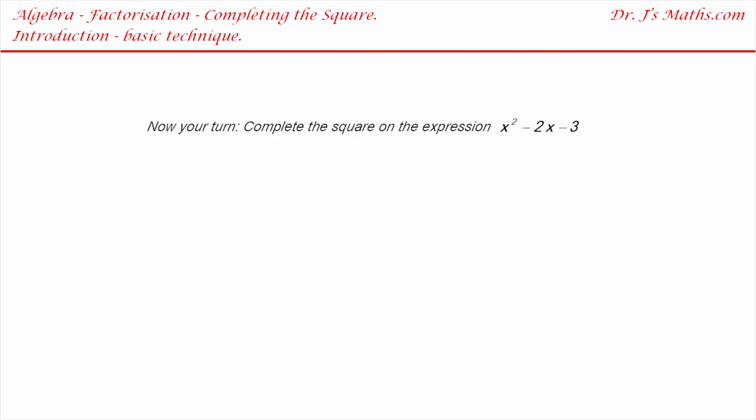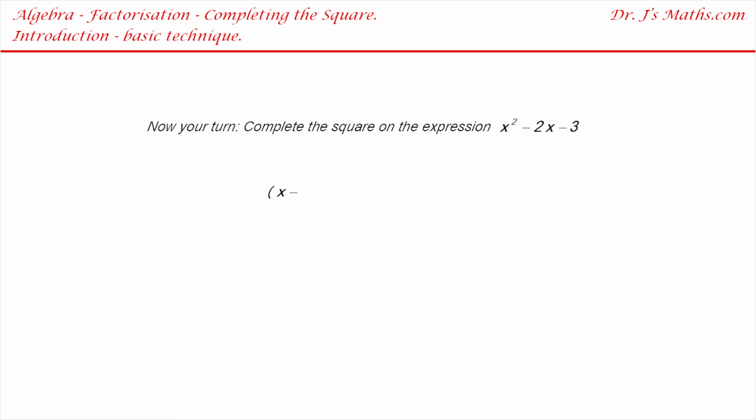Okay, now it's your turn. I want you to complete the square on the expression x squared minus 2x minus 3. I'm going to give you the answer shortly, so you better pause the video right now. Okay, that's probably long enough. Let's go through it. We're going to open the brackets, rewrite the x, copy the sign. It was a minus sign in front of the 2x, so minus.